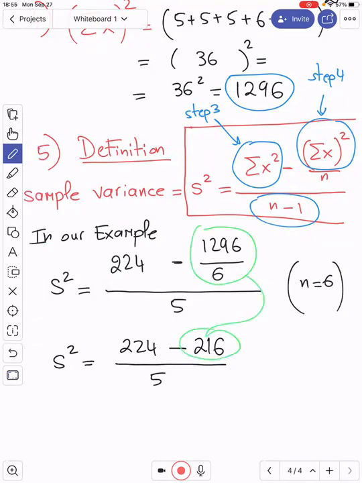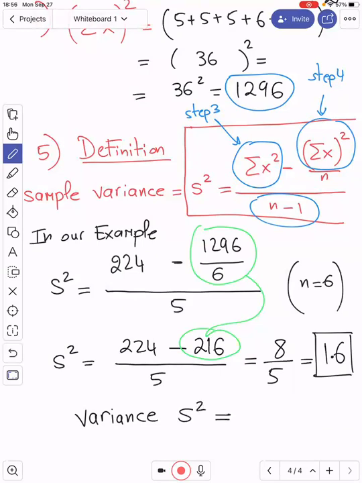Now 224 minus 216 is equal to 8, and the whole thing is divided by 5. So that's 8 over 5, which is 1.6. If I'm not mistaken, yes, 1.6. So the sample variance, this S squared, is equal to 1.6.